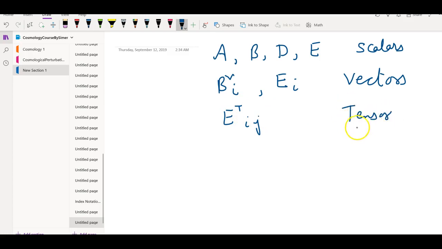How can you write them in the Fourier space?